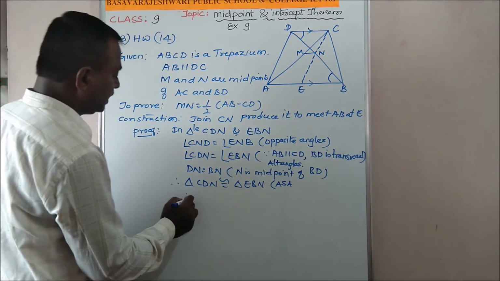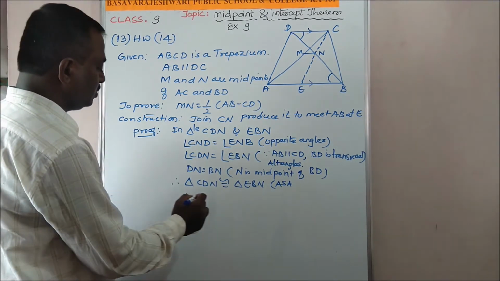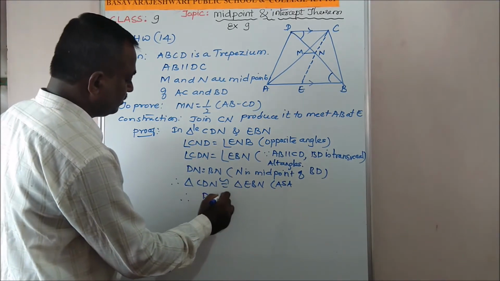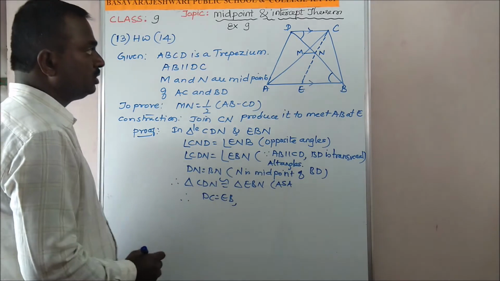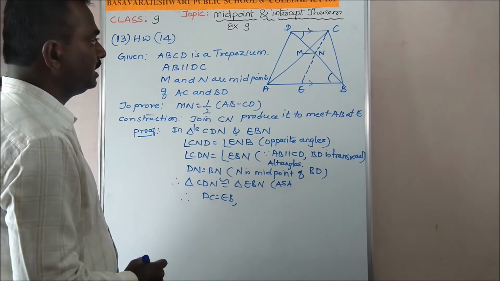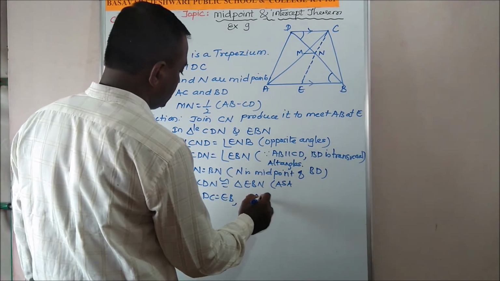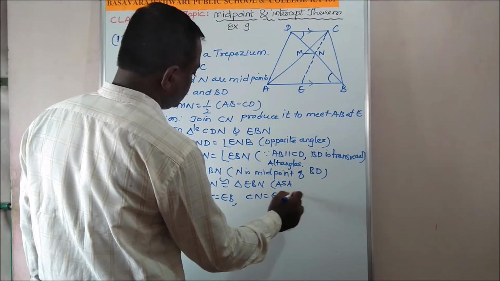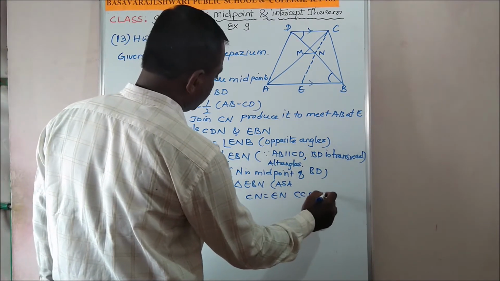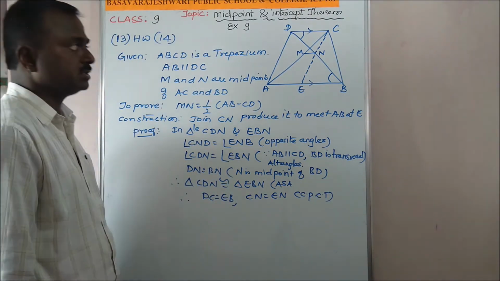So therefore, DC is equal to EB. Similarly, CN is equal to EN by CPCT, corresponding parts of congruent triangles.